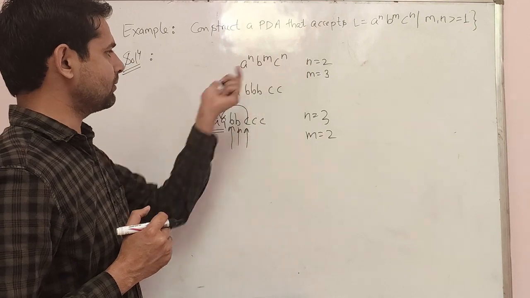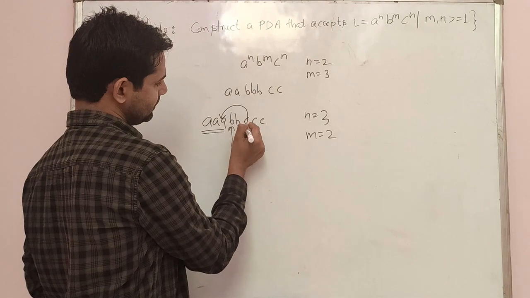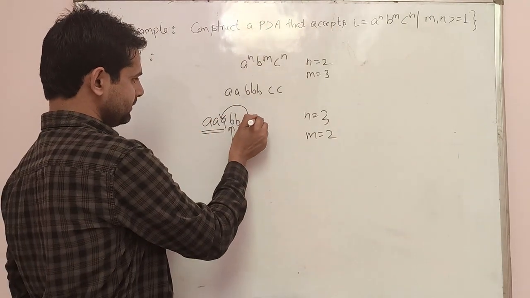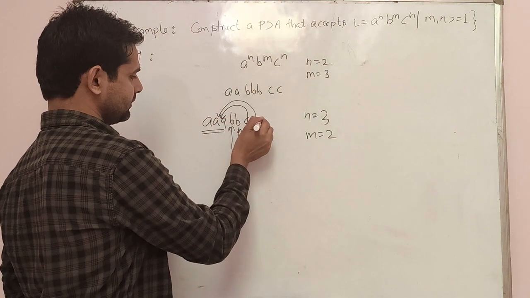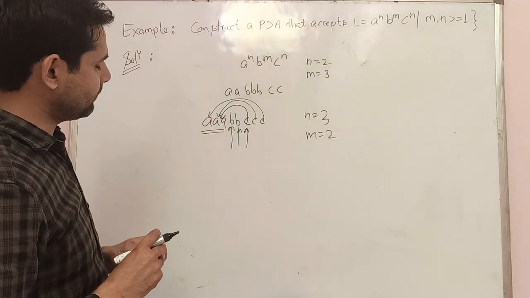Because both are the power of n. In that case, when we get the first C, we will pop an A from the stack. Similarly, for the next C, we will pop another A from the stack.